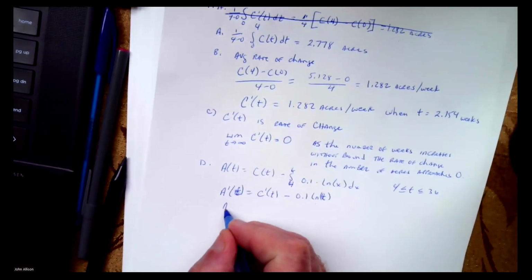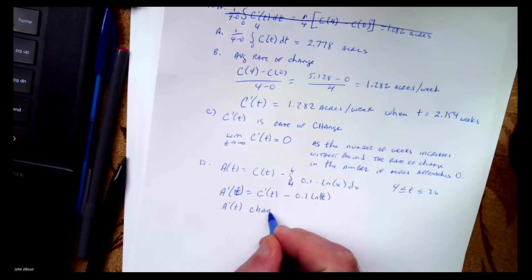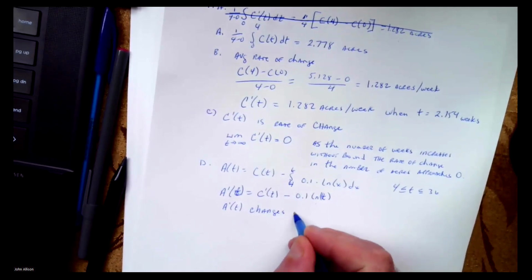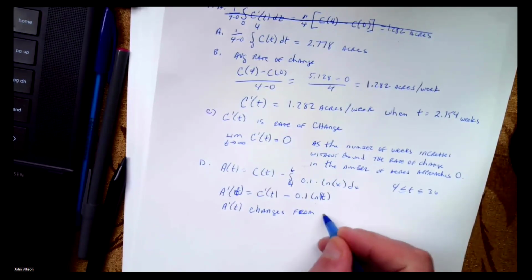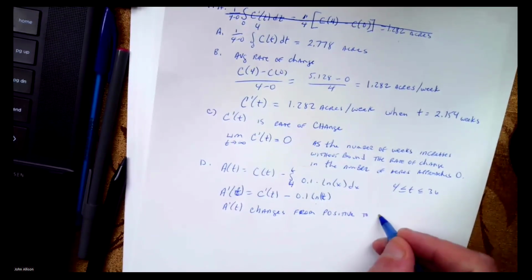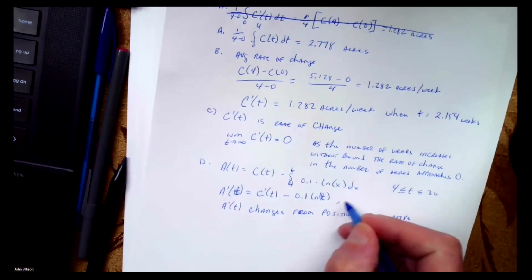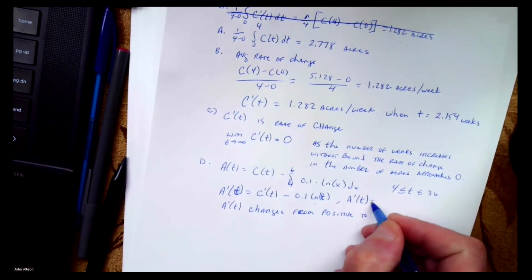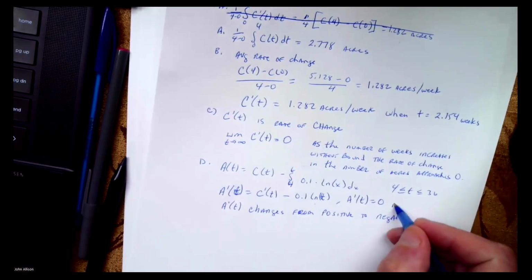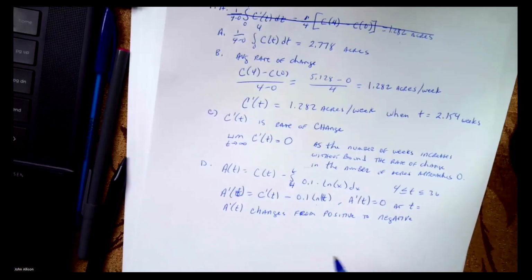Okay, and so A prime of t changes from positive to negative. I'm going to go ahead and write up here A prime of t equals 0 once I figure that out in a minute. At t equals, it changes from positive to negative on the graph.